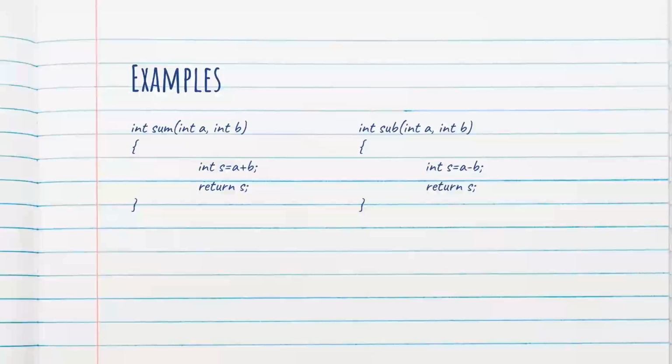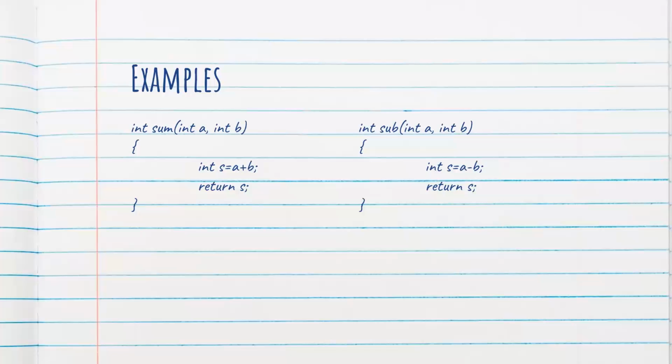There are two examples that I have discussed. The first example is int sum. Now int is the return type of this function. This function will always return an integer value because we have specified the return type as int. The name of the function is sum. It contains two parameters, a and b.